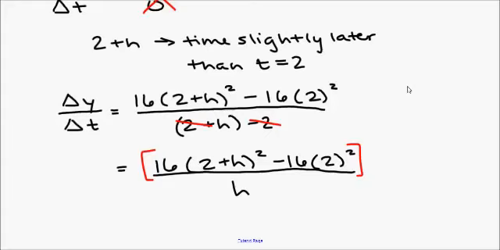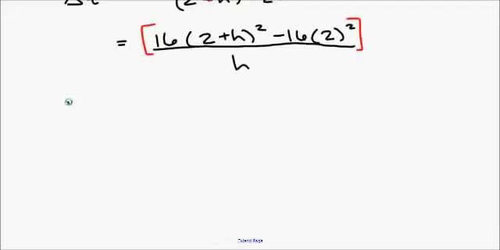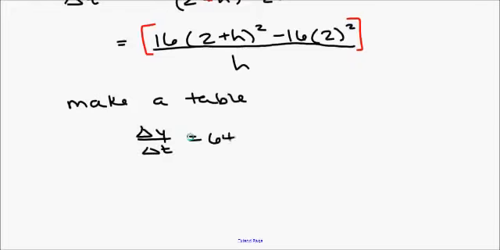So here we made a table. And we're going to say delta y over delta t is 64 feet per second.